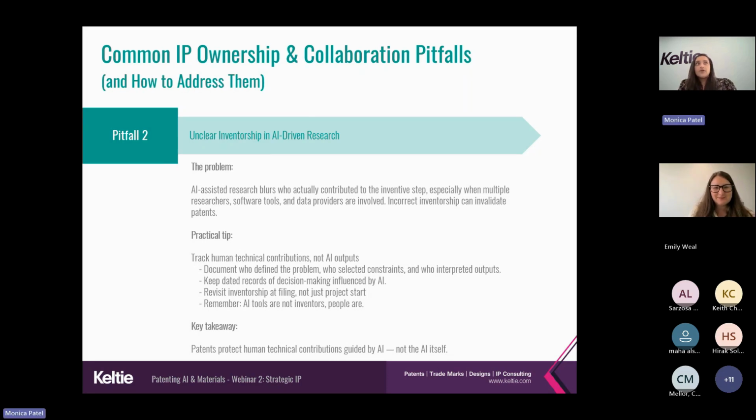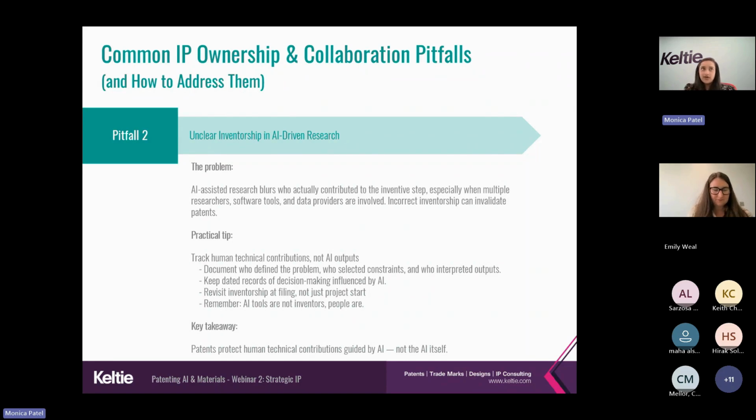Yeah. So the second potential pitfall is where the inventorship is unclear, where AI is involved. This comes down to who actually contributed to the inventive step and the technical advantage of the feature and the invention.